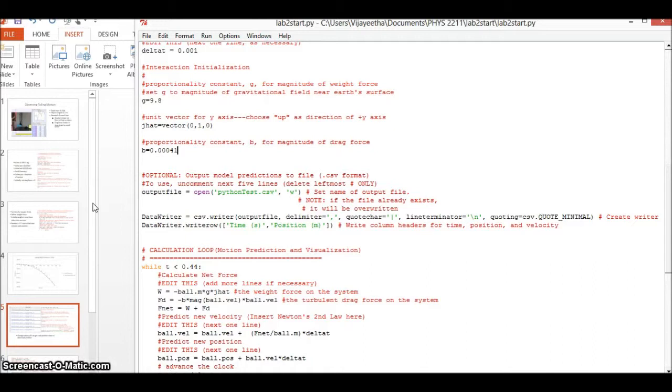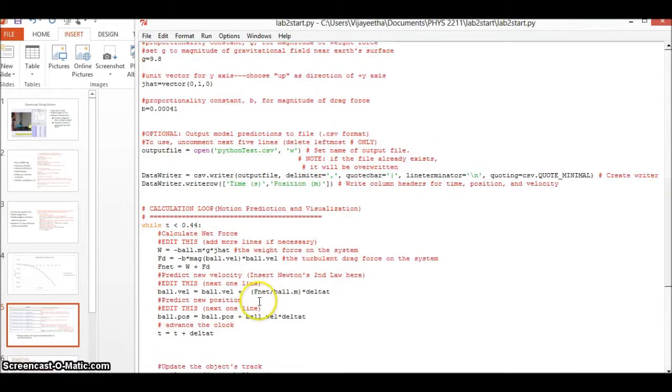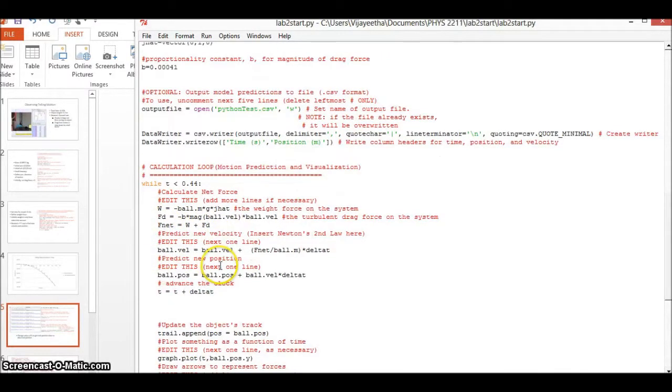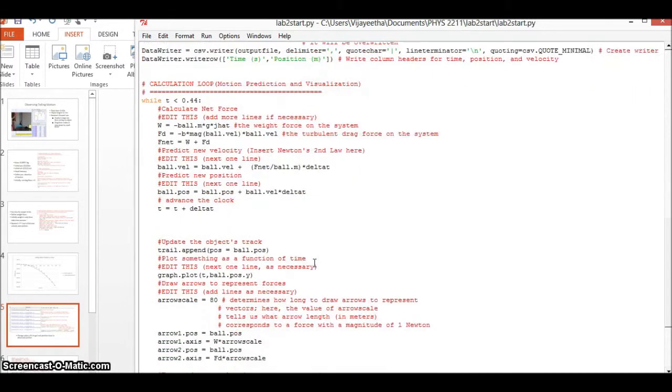The turbulent drag force is calculated by negative b times the magnitude of the ball's velocity times the ball's velocity. And this is seen here in my code, and we add that to the weight to get the net force. Again, here is Newton's second law written into my code, as well as finding the next position.